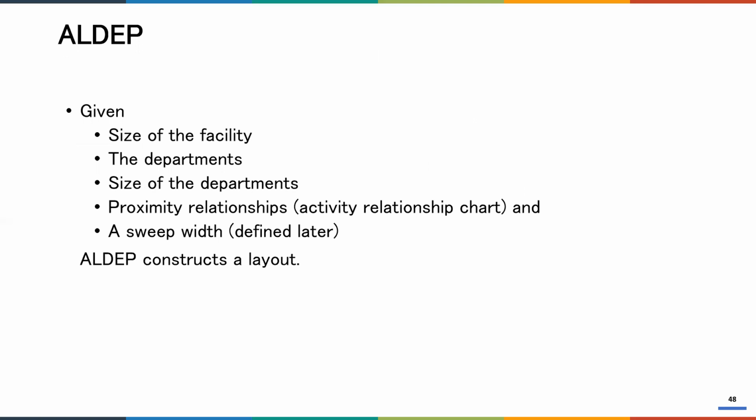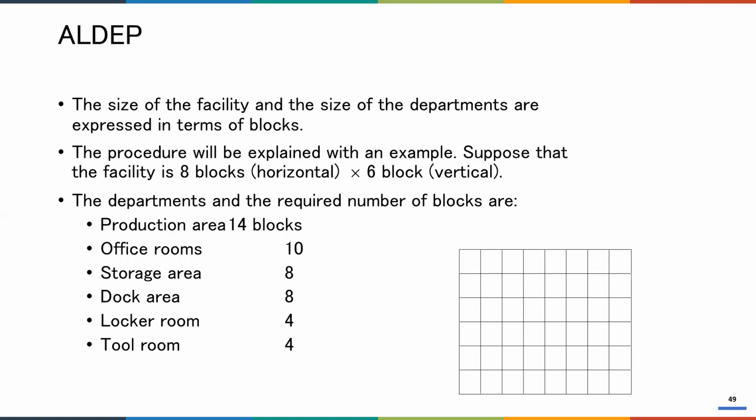The data we need is the size of the facility, the number of departments, the size of each department, and also the ARC. We also need a sweep width, and I will explain it later while we construct the layout using ALDEP.